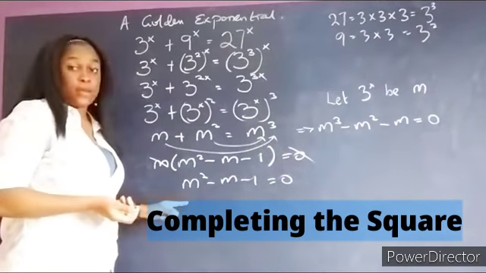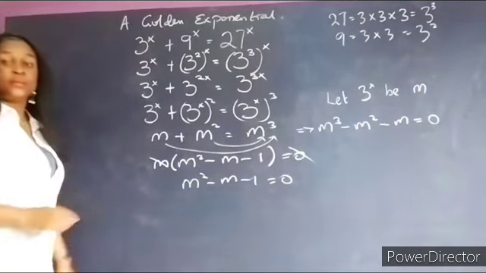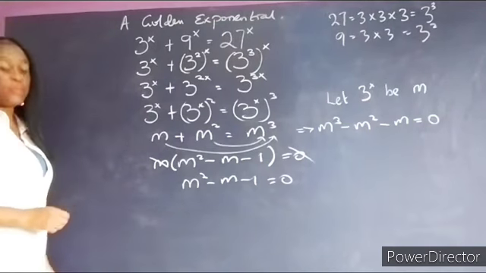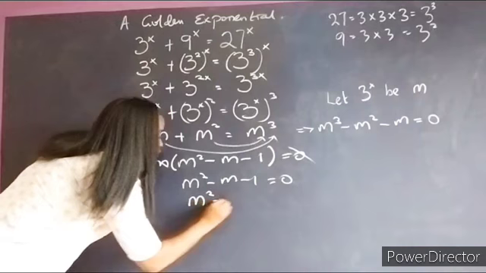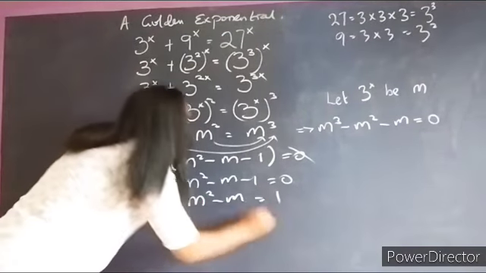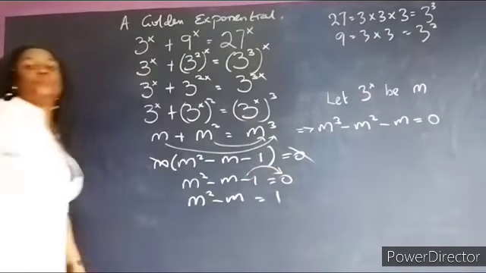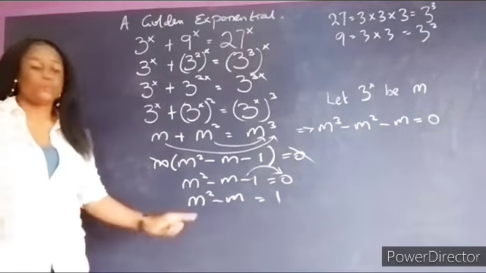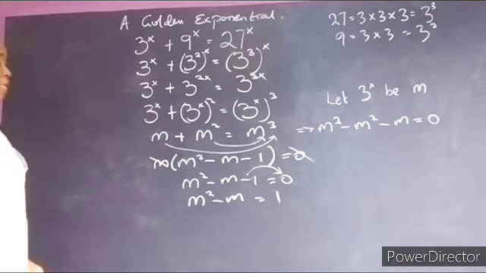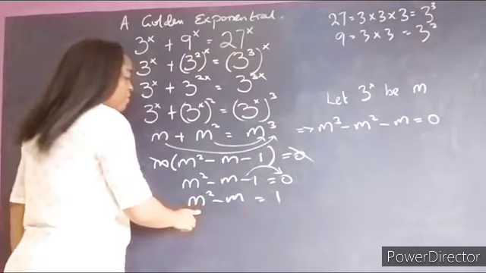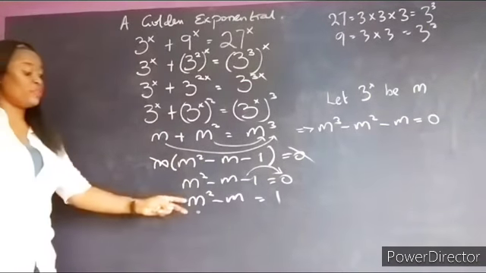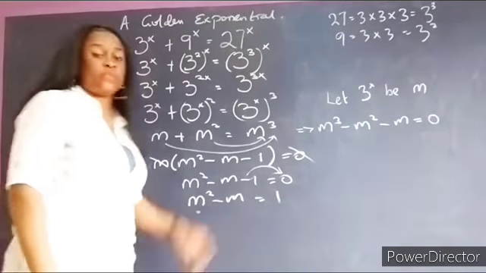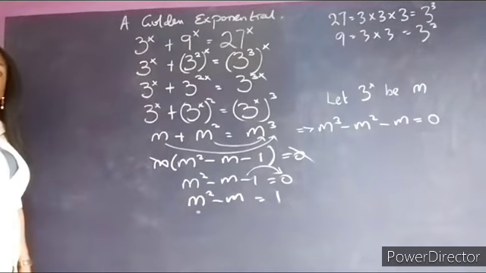First of all, we'll rearrange this. M squared minus m equal to 1. We're moving 1 to the other side of the equality. So we're left with m squared minus m. We need to get an expression that will give us this using completing the square method.